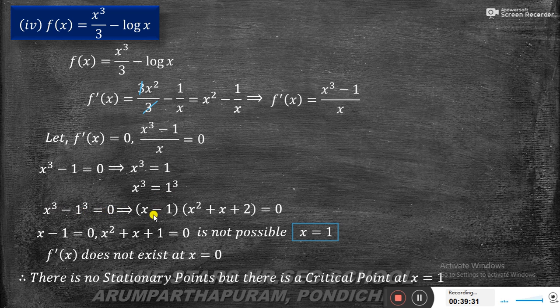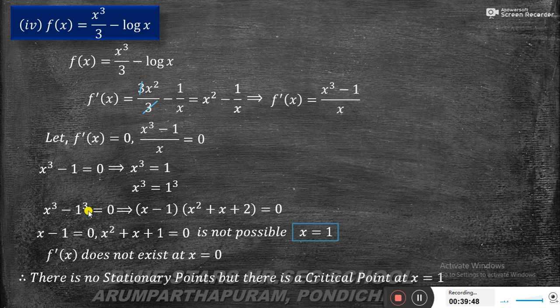From this I use the formula a cube minus b cube equals (a minus b) into (a square plus ab plus b square). I apply that formula here, where a is x and b is 1.